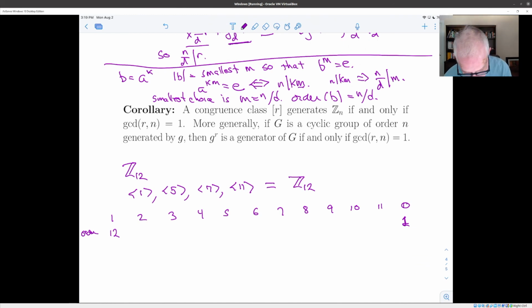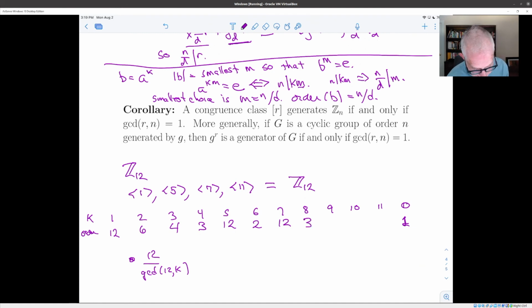Remember, the formula is, if this is k, the order is 12 over the GCD of 12 and k. So here we would have 6, here we would have 4, here we would have 3, here we would have 12, here we would have 2, here we would have 12, here we would have 3.